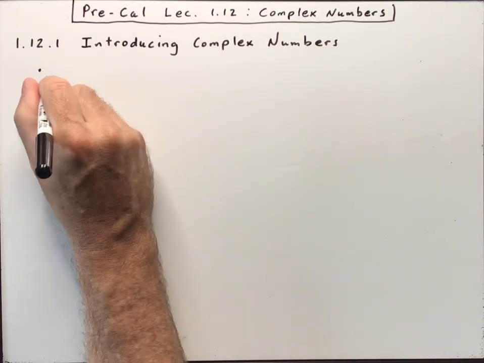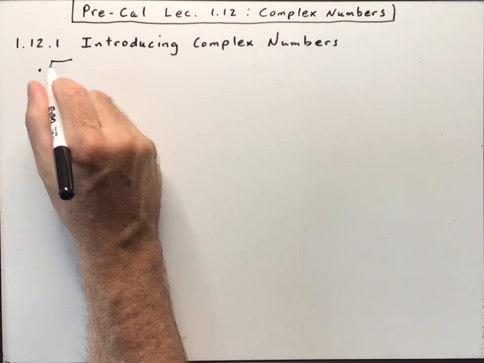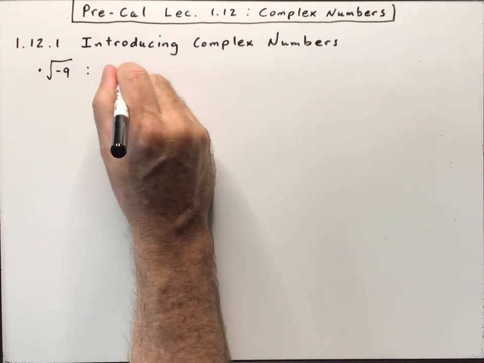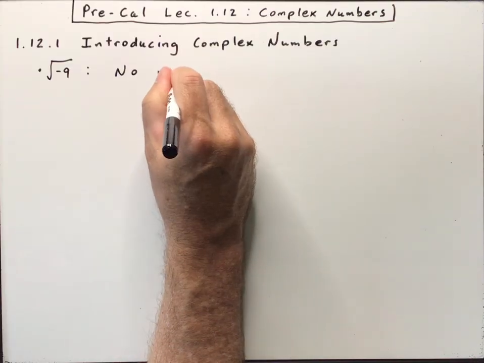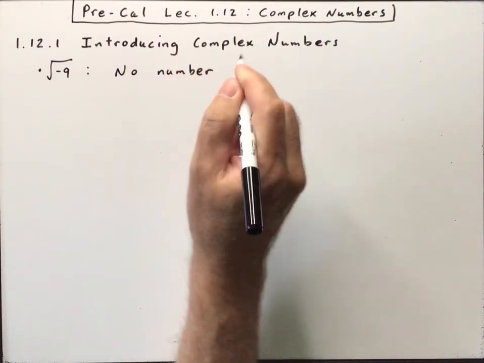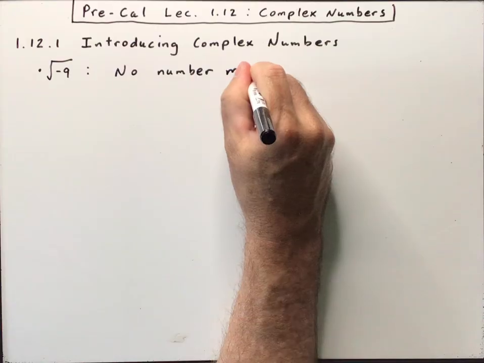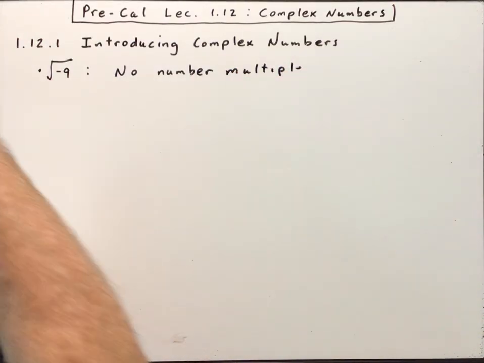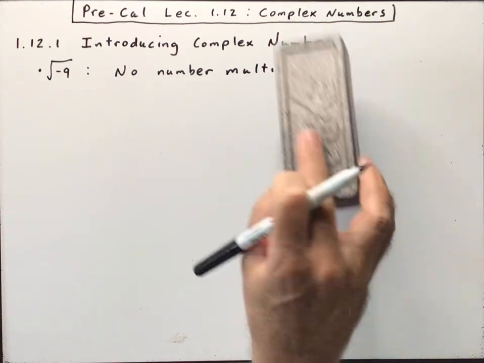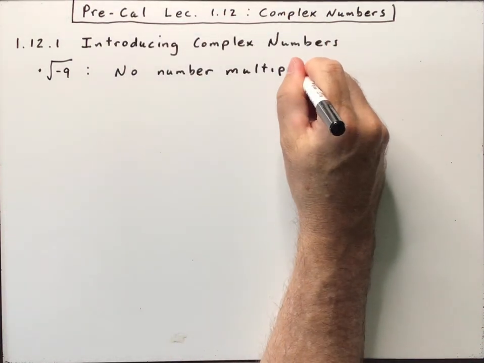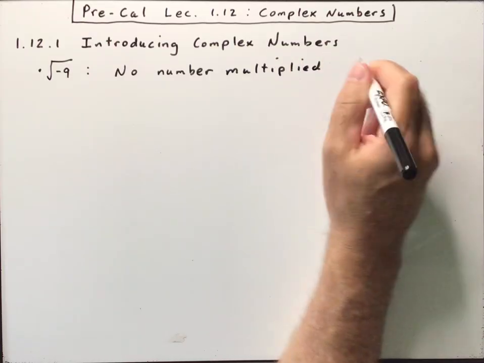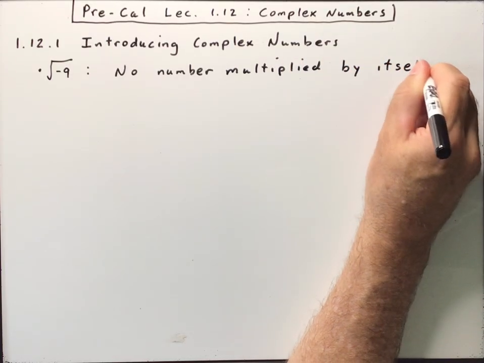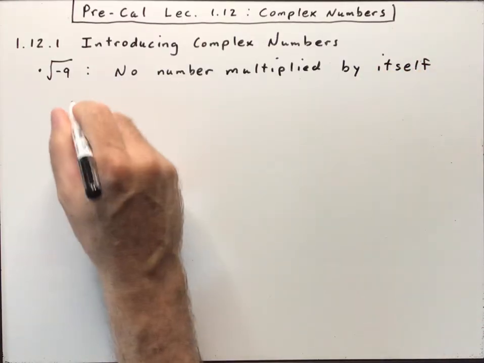So let's say we have the square root of -9. No number multiplied by itself will give you -9.